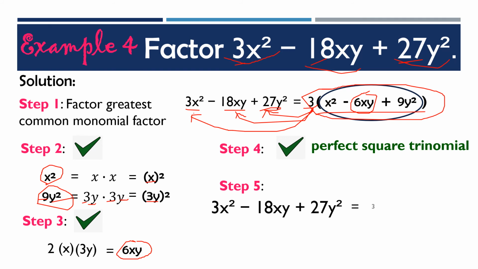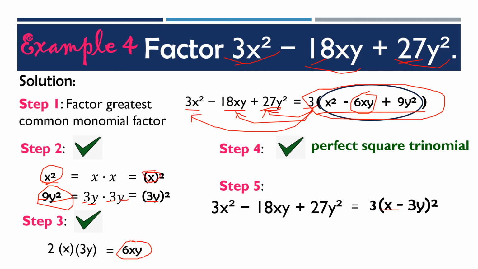So the factors are, of course, do not forget to write down the GCF of the three terms, which is 3, times x minus 3y raised to 2. Where did we get the variable x? Because it is the square root of x squared, which is x.